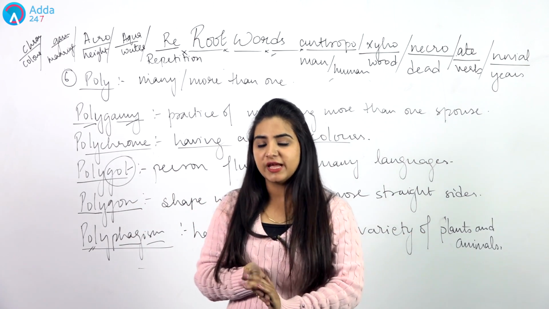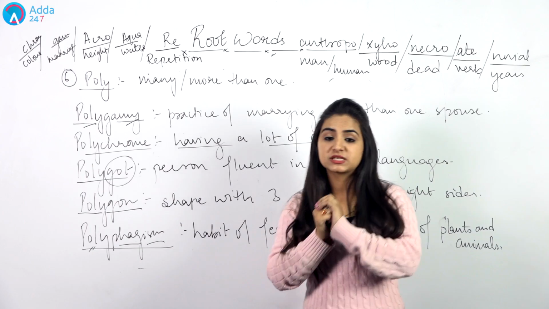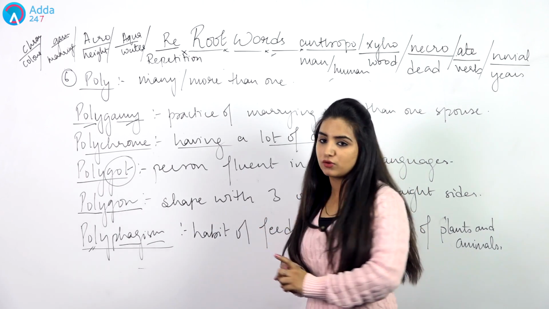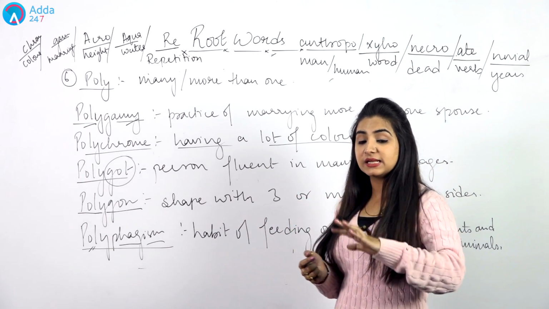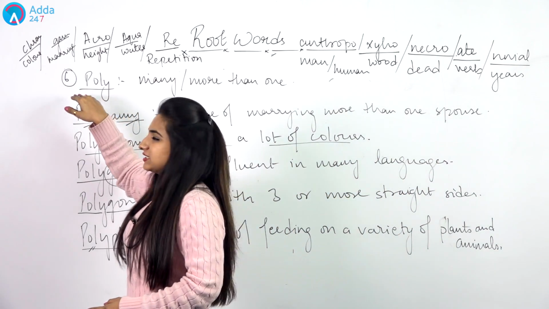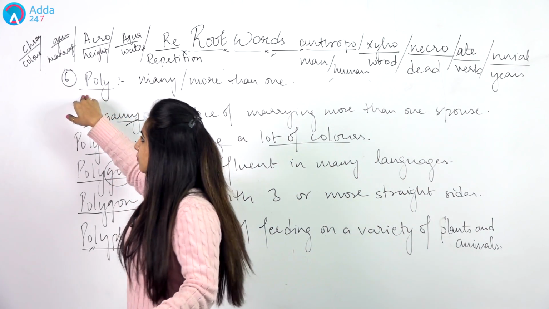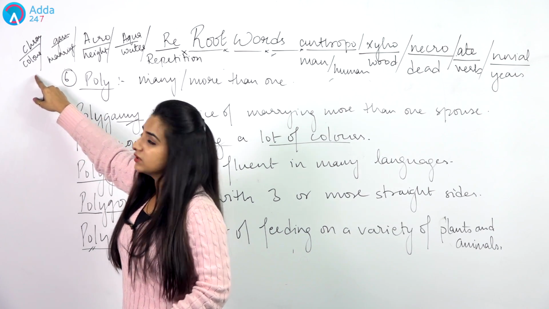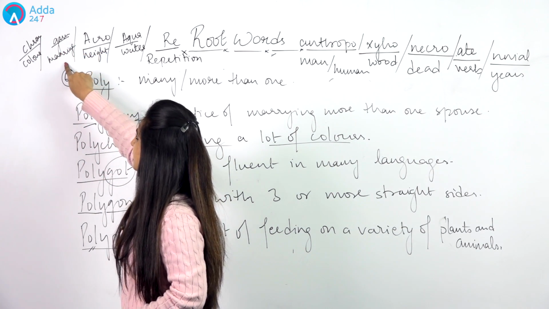So here we come to the end of this video. I hope you must have got a lot of words out of it, and I want you to make at least 5 words out of each word that you have learned. Apart from these 6 root words, you have learned some more, that is chrome, that defines color. You have learned gam, that defines marriage.